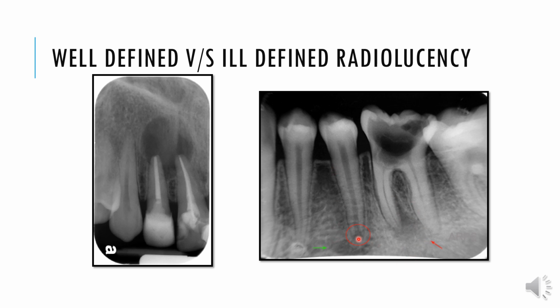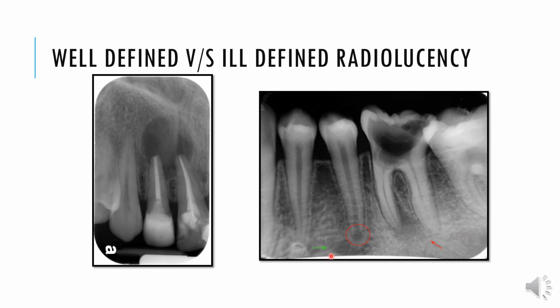But what about this tooth? It doesn't seem to be involved pulpally, and yet the root apices have not formed. So probably this person or child must still be in the process of apexification, and this vague radiolucency that you're seeing here, pointed with this green arrow mark, could be the mental foramen. So that's how this can be a little confusing.